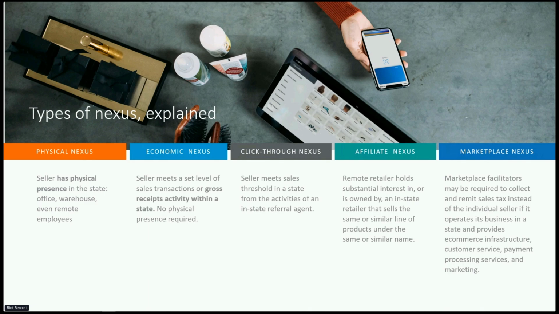It's based on dollars into the state or transactional volume in the state. Most states say that if you sell $100,000 in taxable and non-taxable sales, or 200 orders, you could have triggered economic nexus in that state. And again, it will be your responsibility to register in that state and collect and remit the sales tax.